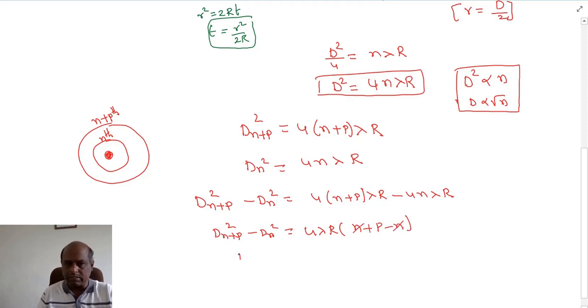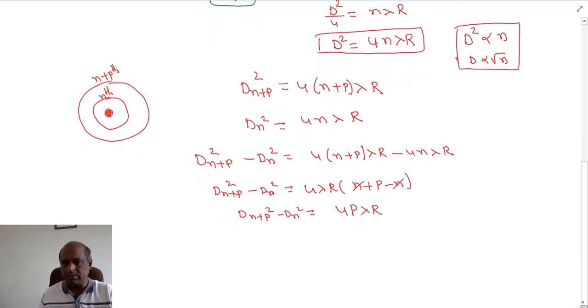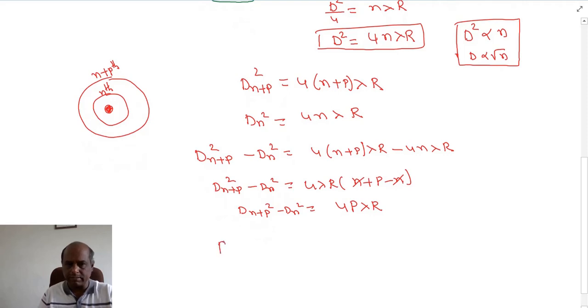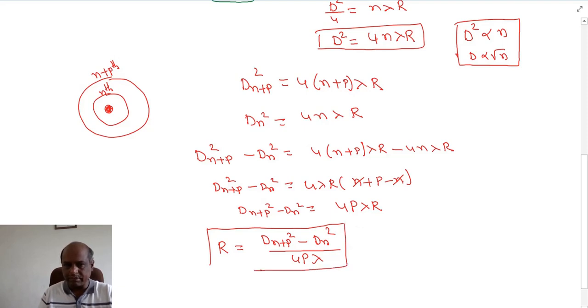So D n plus p whole square minus D n square is equal to 4p lambda R. So from this we can write the expression for the radius of curvature R as D n plus p whole square minus D n square by 4p lambda. So this is the expression for the radius of curvature of the given plano-convex lens.